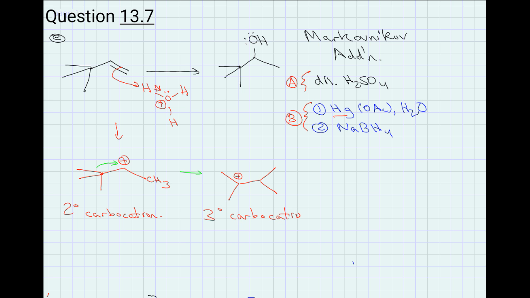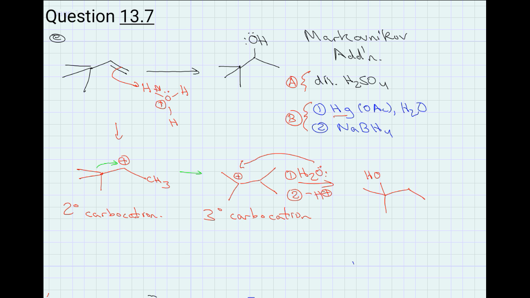Since a tertiary carbocation is more stable, when water adds to that, and I'm not going to draw out all the details, you lose a proton, and what you're going to end up with as a product is this.